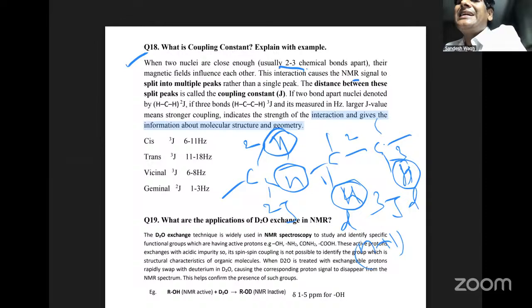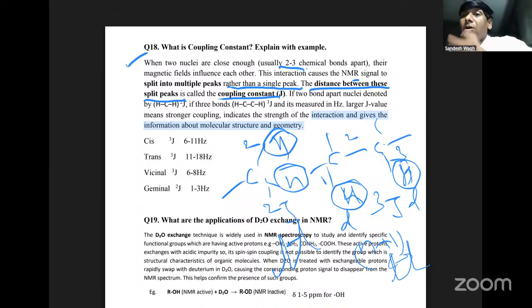So the spacing distance between them is nothing but the coupling constant. The interaction causes the NMR signal to split rather than be a single line. The distance between the split peaks is called the coupling constant. Like this doublet's spacing distance, and this doublet's spacing distance, is nothing but the coupling constant, which is a constant fixed number.